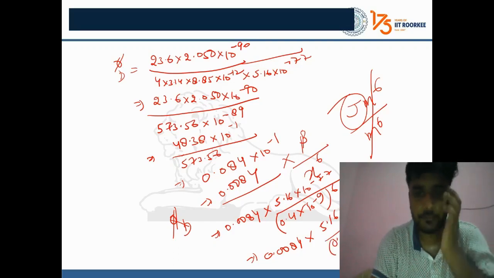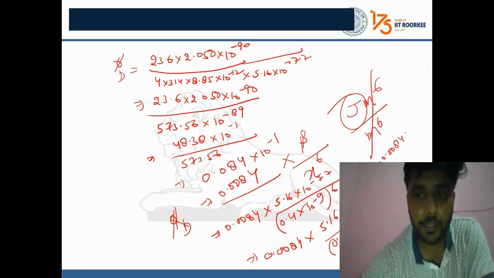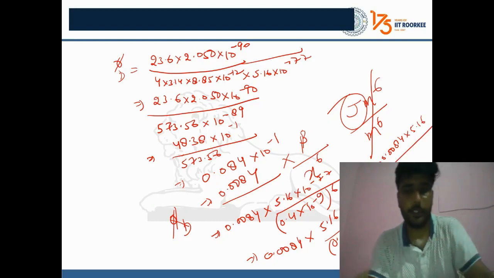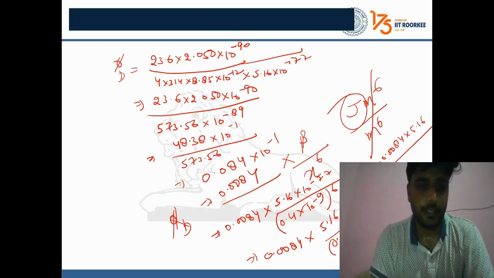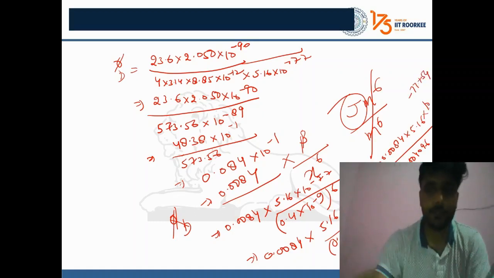Okay, so the value will be 0.0084 and 5.16 divided by, well, let me calculate 0.4 whole power 6. 0.4 0.4 is 0.064, that is 0.004096, and multiply by 10 raised to minus 77 plus 54.